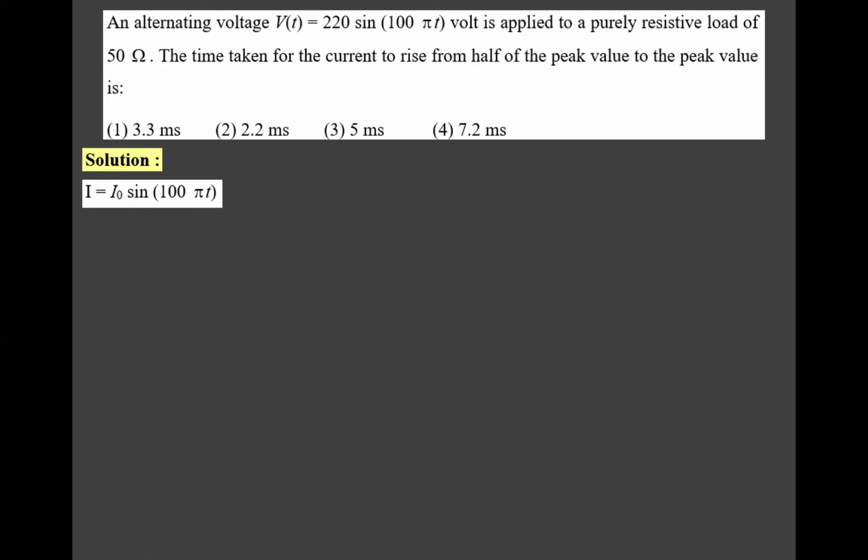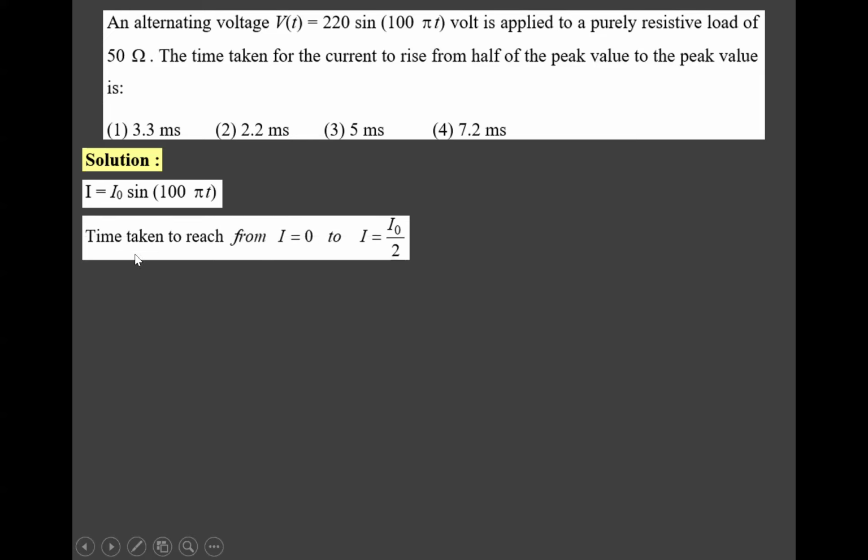Then after, we will calculate the time taken by it from half to peak value. Okay. So let's start. First, time taken to reach from I equal to 0 to I equal to I0 by 2. So I0 by 2 equal to I0 sin 100πt1.